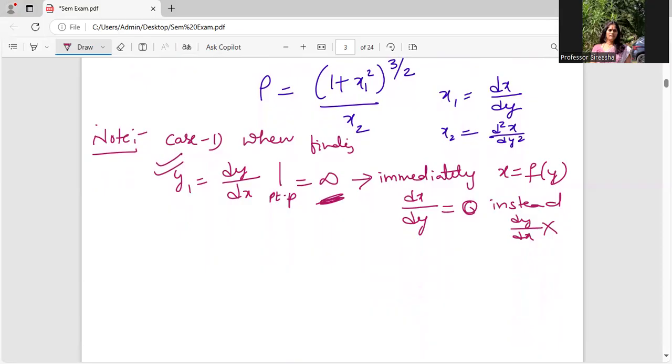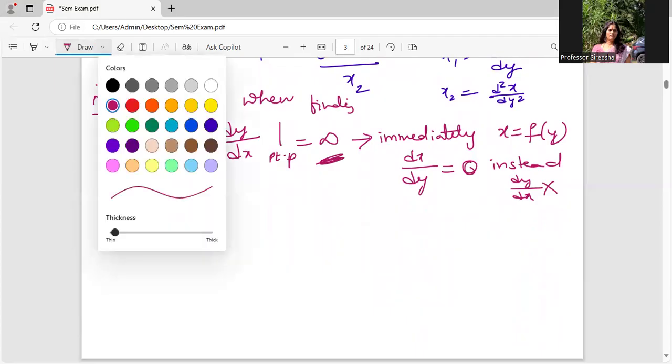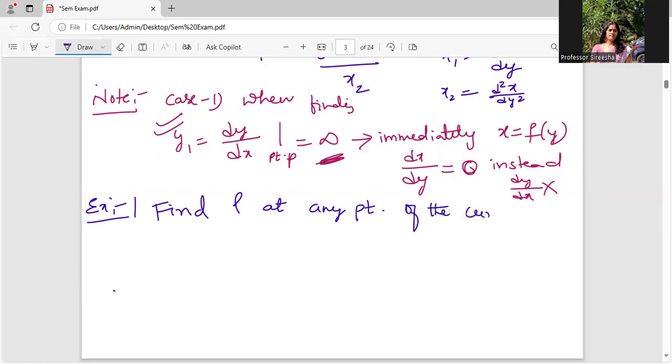Let's do one problem on radius of curvature so that you understand the concept. There are some standard formulae which are very much asked by the examiners. Now the question is, find rho at any point of the curve y is equal to c cos h x by c.